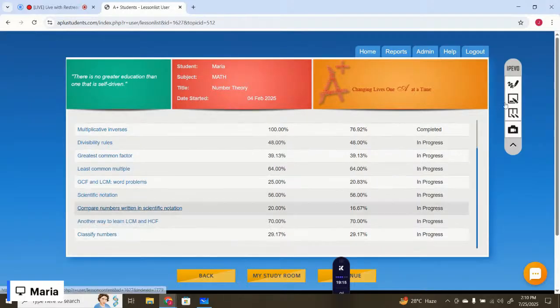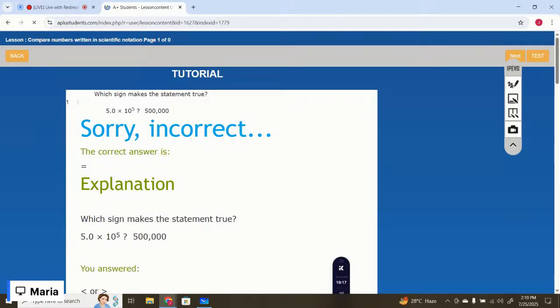Compare numbers in scientific notation. Which sign makes the statement true? 5.0 times 10 exponent 5 and 500,000.